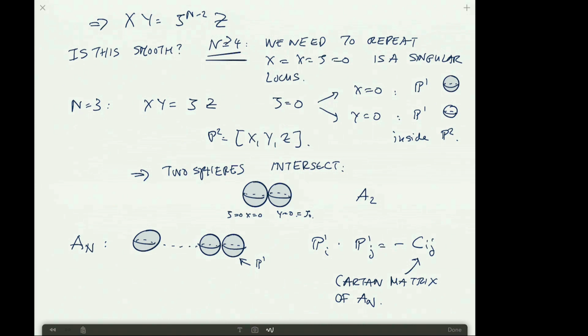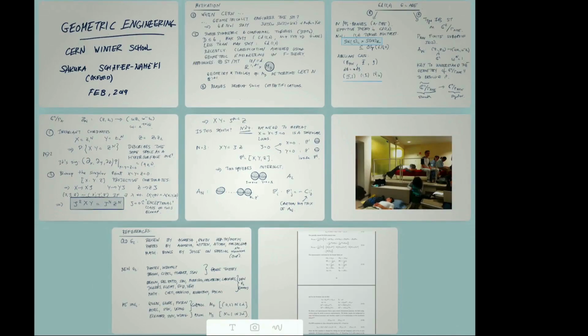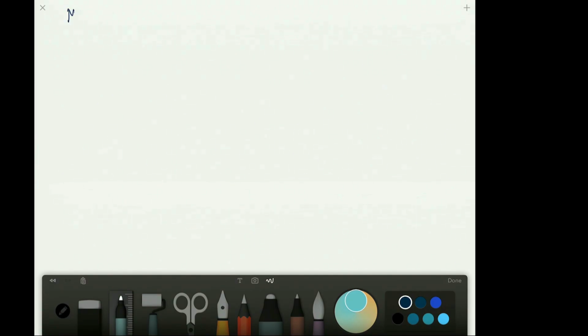Okay, so more generally, for the ANs, the equation can always be brought into the following form, so I'll just write out the equations, and then you can maybe as an exercise try to do these resolutions yourself.